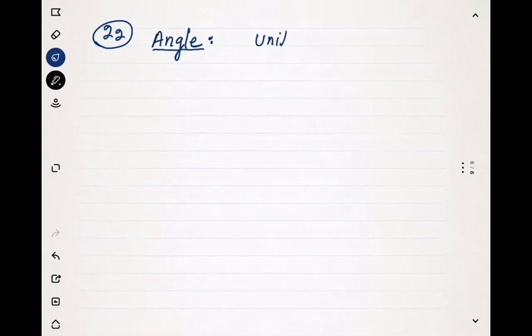After frequency, number 23 is angle. For angle, a common unit is degrees, but in SI units we do not use degrees. In SI units we use radian. The unit of angle is radian. What is a radian?